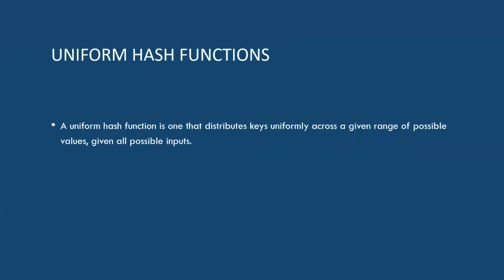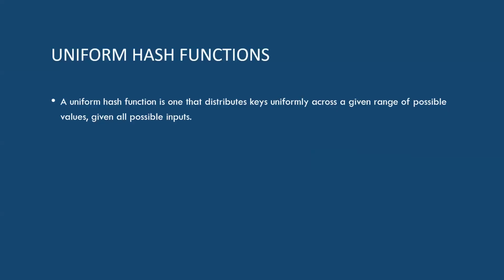A bit of a side mention again on uniform hashing functions. The study of how uniform a particular hashing function is for some set of likely keys is a pretty significant study. If you're hashing people's names, you might have a different hashing function than if you're hashing license plates or phone numbers.